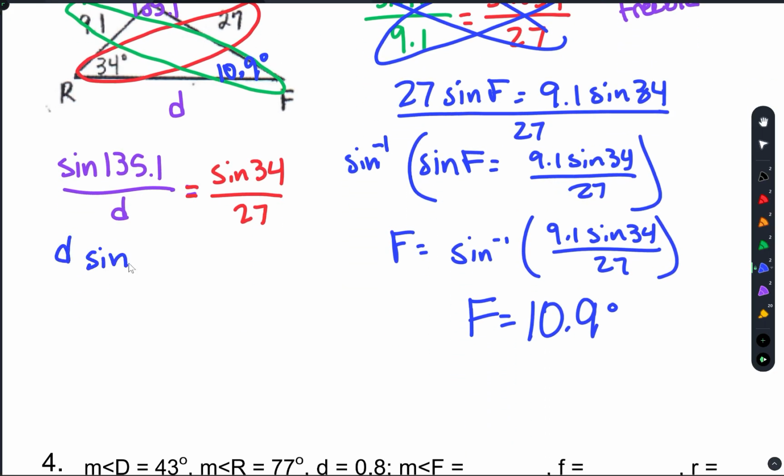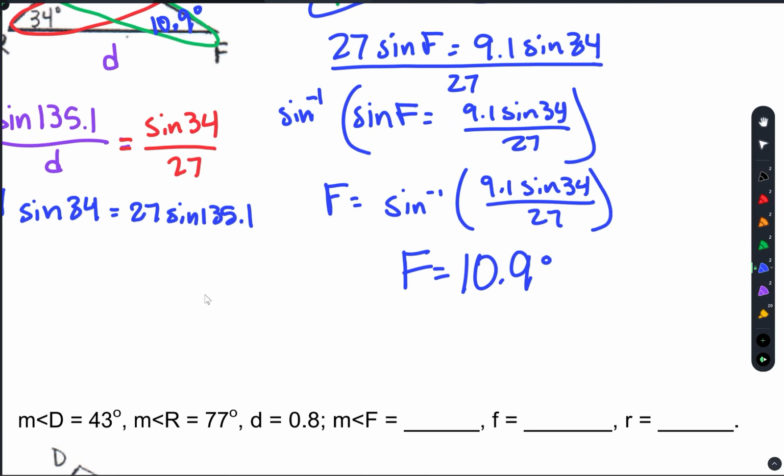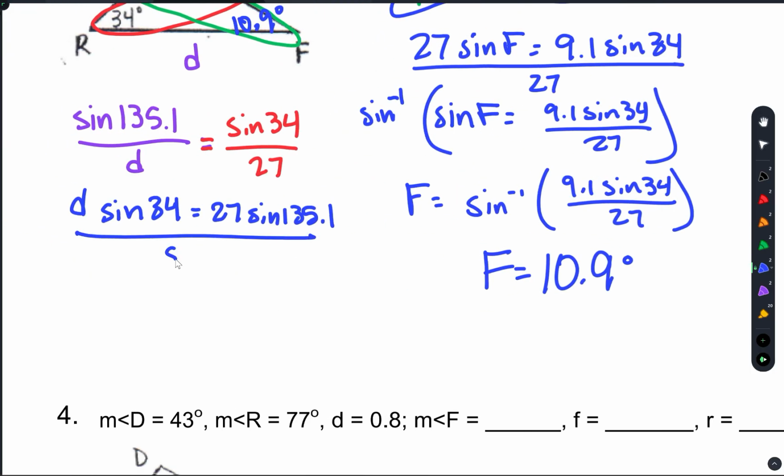D sine 34 equals 27 sine 135.1. We're not finding an angle, so we don't have to use any inverses. I'm just going to divide this whole thing by sine 34. D equals 27 sine 135.1 all over sine 34.